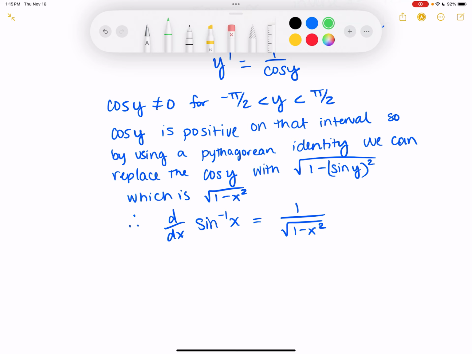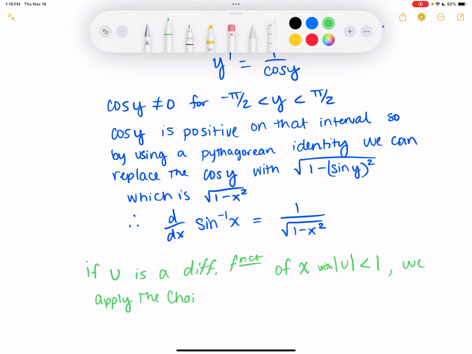All right, now I'm going to show you what the chain rule would look like for this one. If u is a differentiable function of x such that the absolute value of u is less than 1, we apply the chain rule, which works the same way as when we learned it two sections ago.